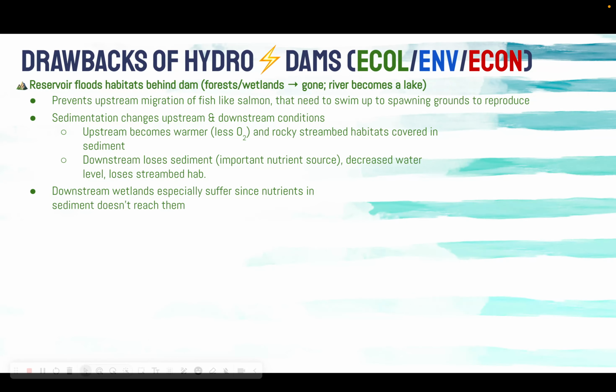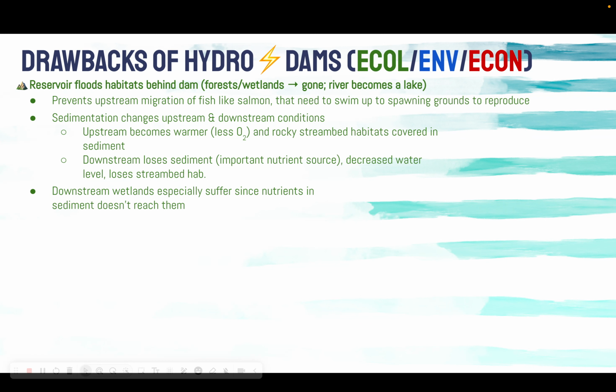So that becomes a problem. This causes the upstream to become warmer because there's more sedimentation, which decreases the amount of oxygen in the water. And the rocky stream bed habitat now becomes covered in sediment, which is a problem. It just changes the type of organisms that can live there.